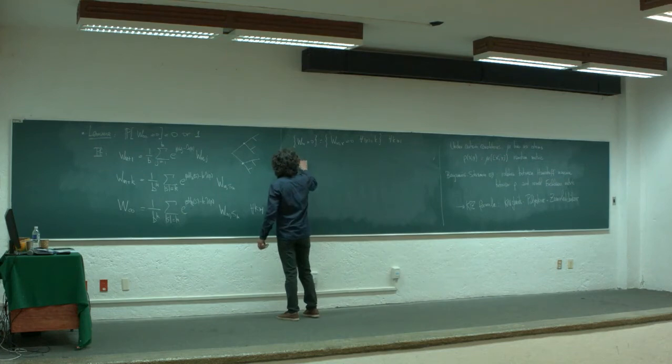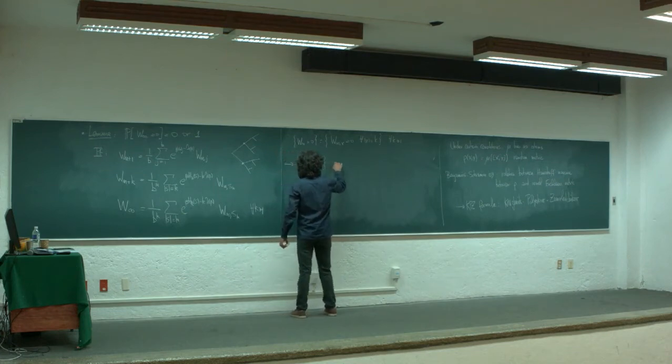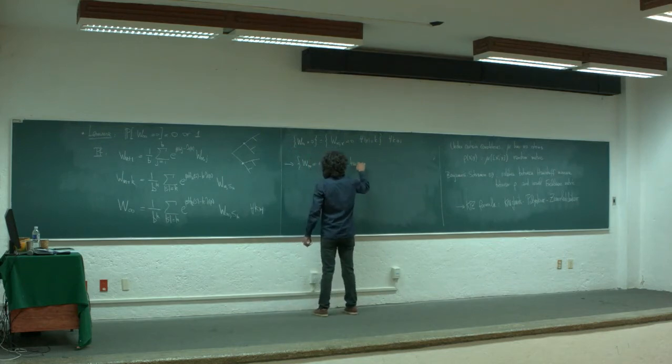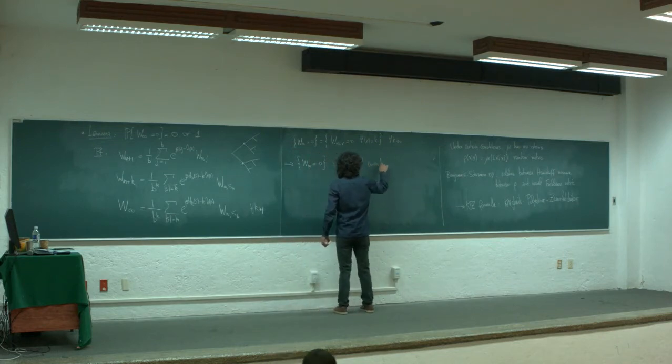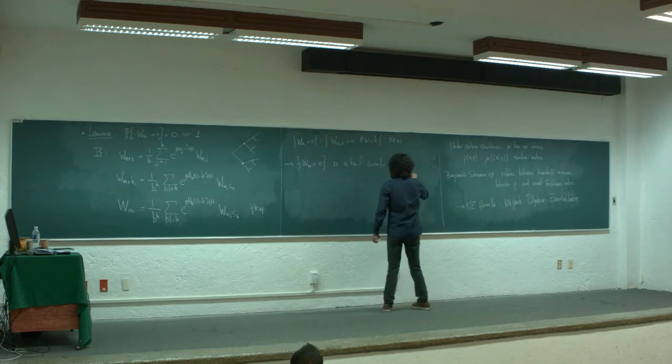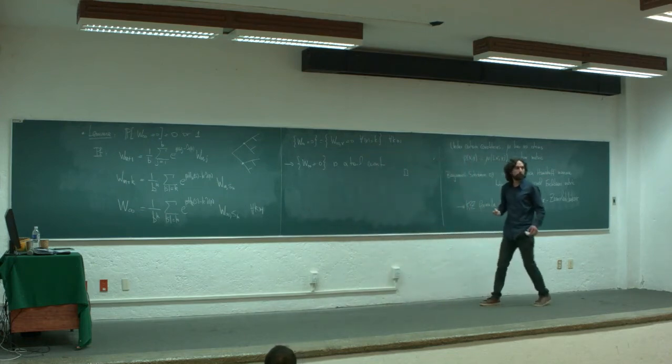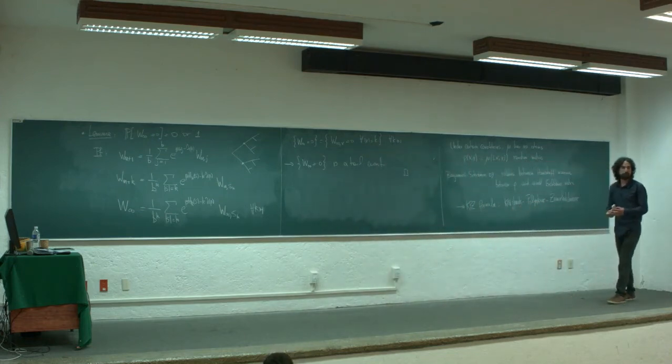So W infinity equals 0 is a tail event. So by the standard 0-1 law, its probability is 0 or 1.